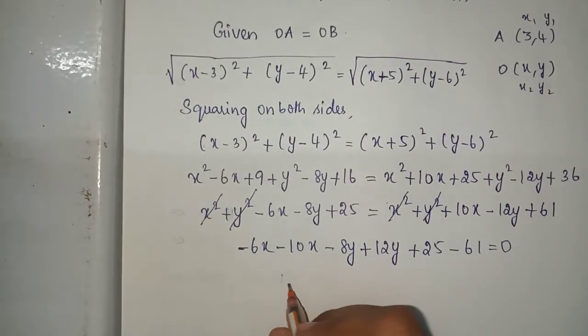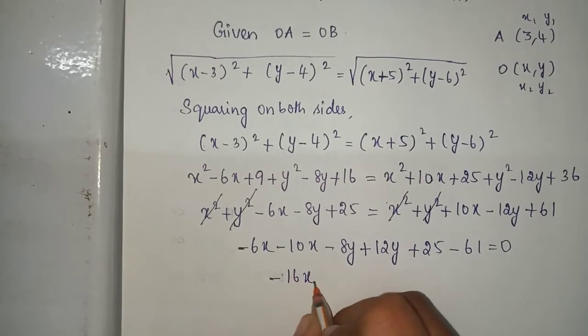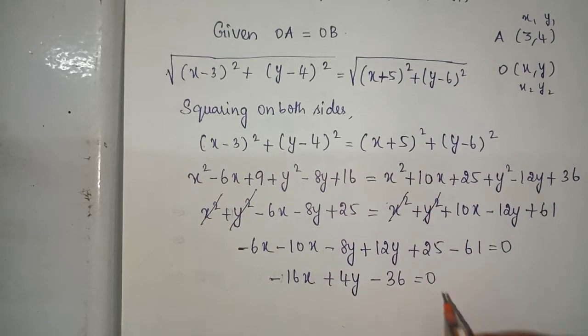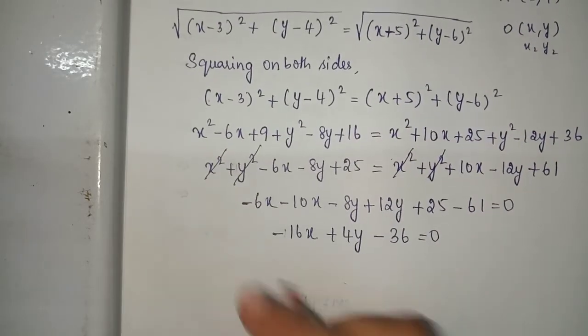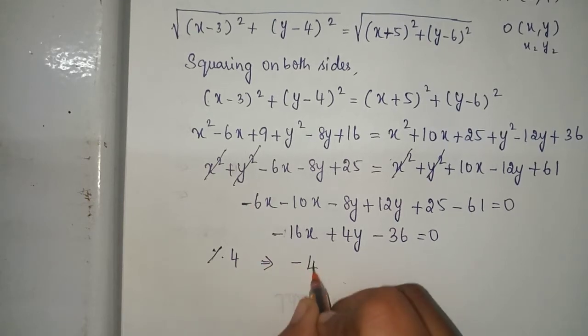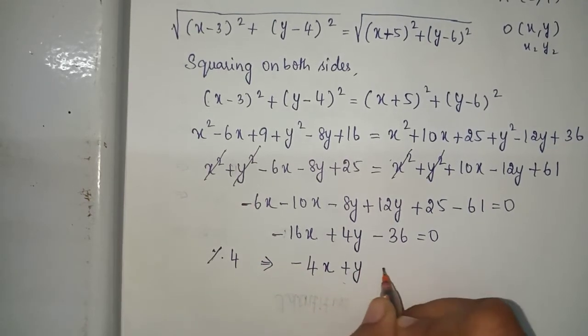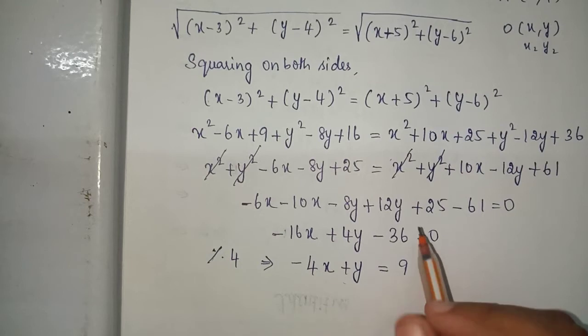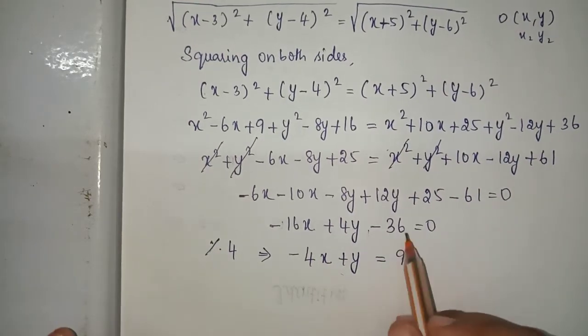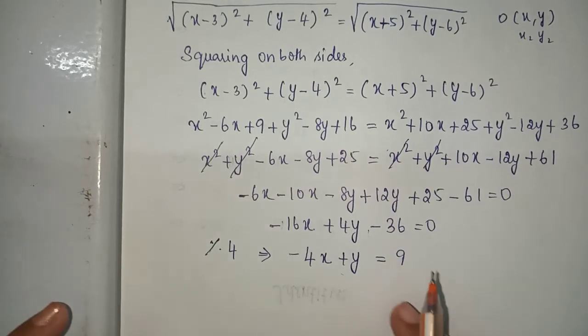So it gives minus 16x plus 4y minus 36 is equal to 0. So throughout divided by 4, you get minus 4x plus y is equal to 9, because I am taking minus 36 to the right hand side. So divided by 4 means you get 9.